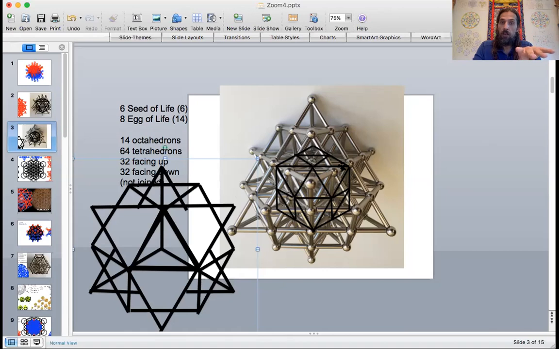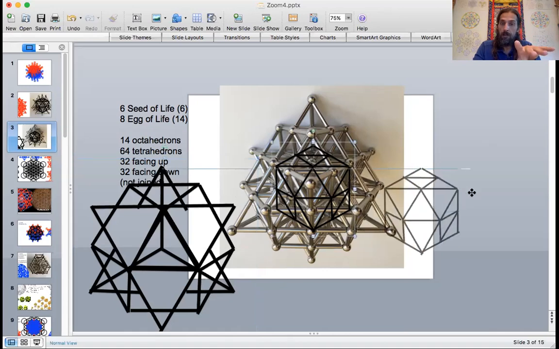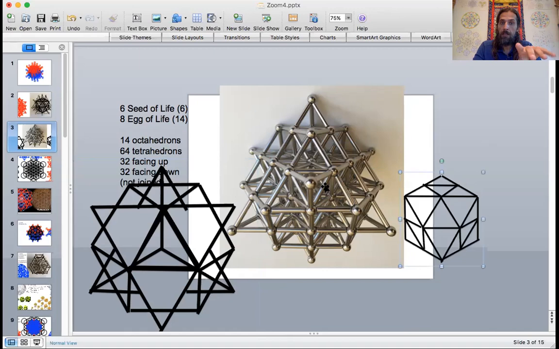And this is the 64 matrix, tetrahedron matrix, is the one that Nassim Haramein is focused a lot on in his research in quantum physics. And he realized that there were 32 tetrahedrons pointing up and another 32 pointing down.